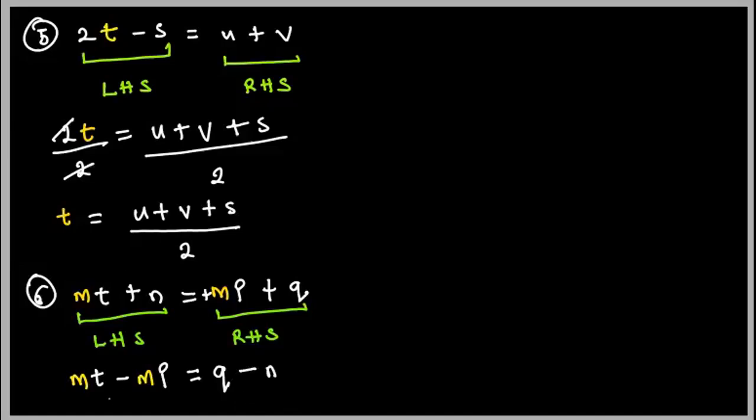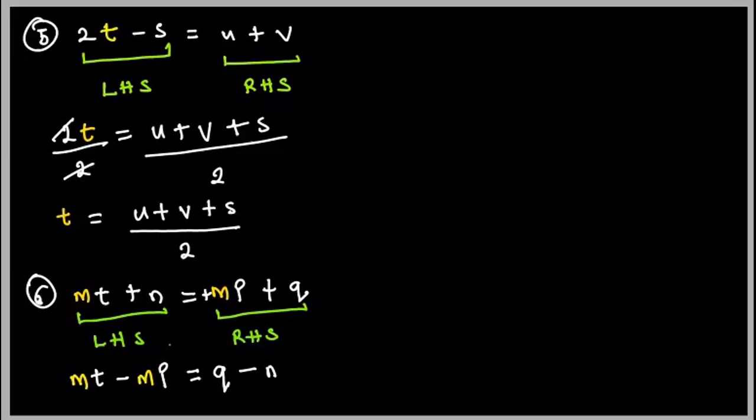And at this point, what should we do here? We have mt minus mp. So we need to factorize. What do these two terms, mt and mp, have in common?